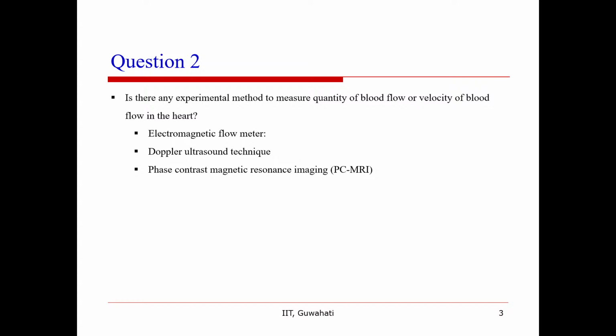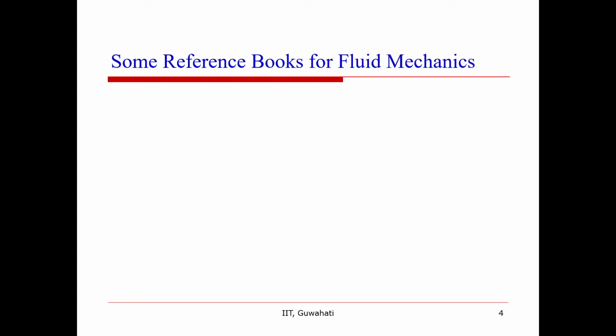And the probes in such case are both invasive as well as non-invasive. And then the third is the phase contrast MRI technique, or what we call magnetic resonance imaging. So that can also be used to measure local fluid velocity, as well as the blood flow.